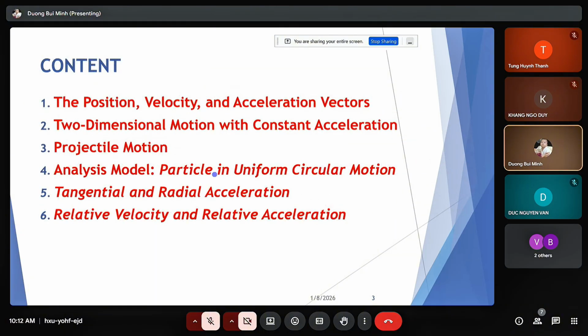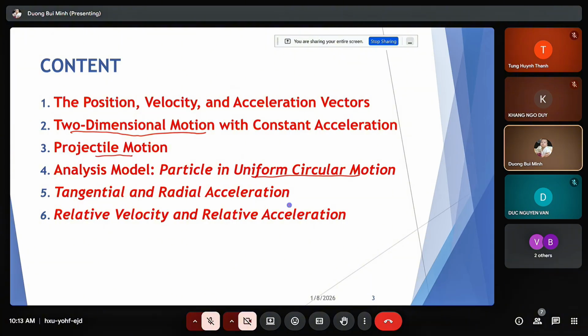So it's a list of content for lecture 2, part 3. We discussed two-dimensional motion. Projectile motion. A particle in uniform circular motion.